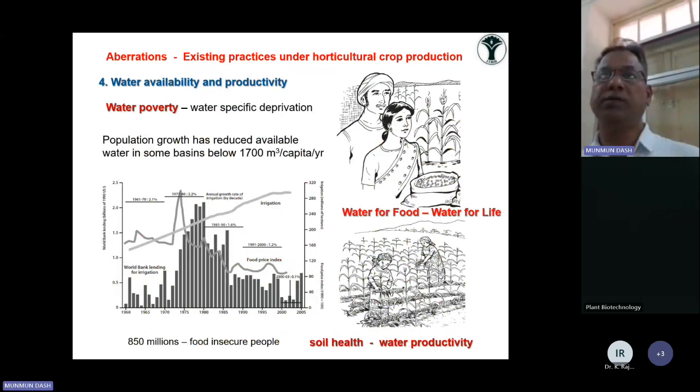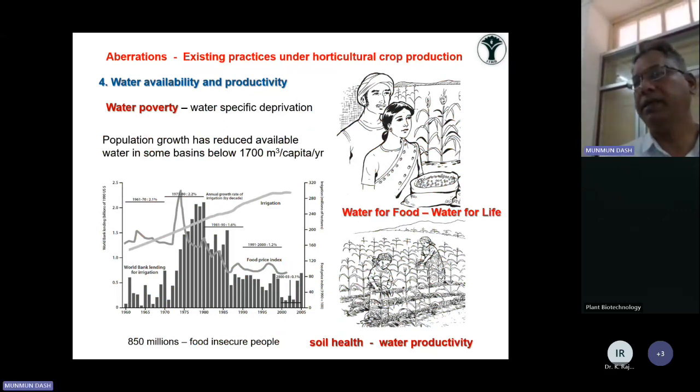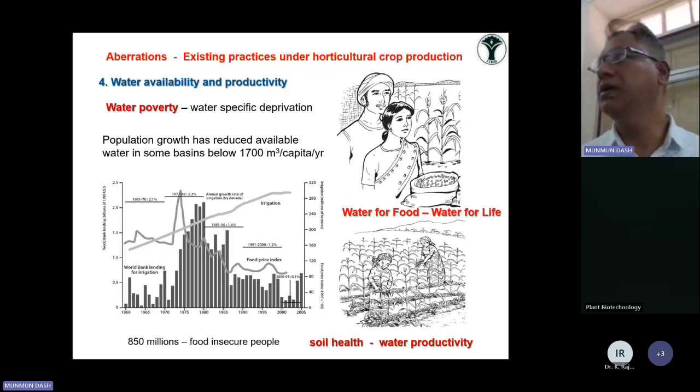And another most important area we have not considered is water, because soil health and soil water productivity are not independent. The two are interrelated. Unless we have soil moisture, soil health may not be maintained. It has been estimated that soil poverty and water poverty are directly related to soil water depreciation, and soil health also correlates with water productivity.